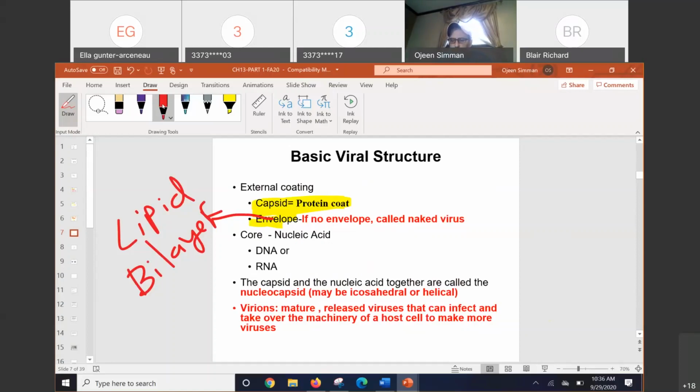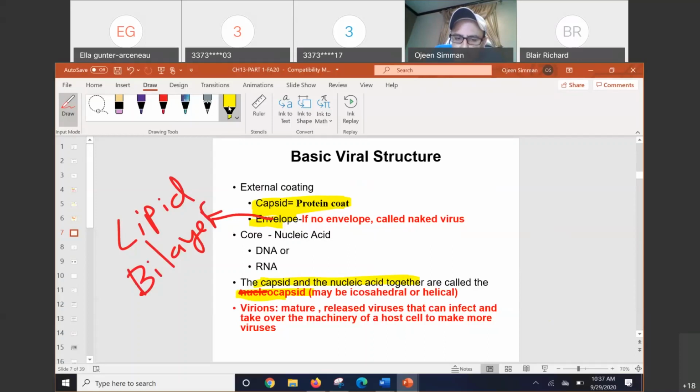The core of the virus structure is the nucleic acid, which could either be DNA or RNA, never both. Now, the word nucleocapsid refers to the capsid plus the nucleic acid together.